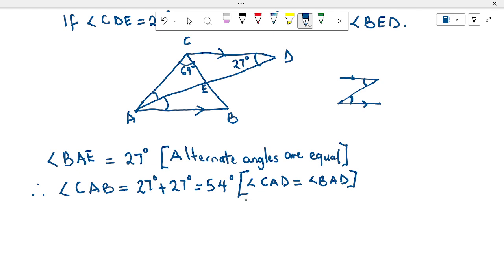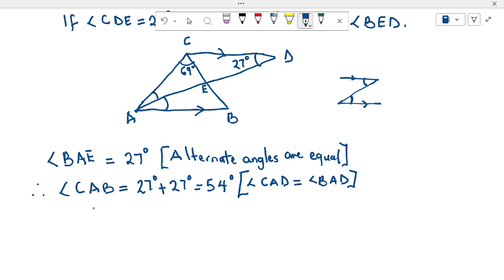That is what the question states. So the entire angle CAB will be equal to 54 degrees. If this is 27 and this second one is 27, then it is 54 degrees altogether.